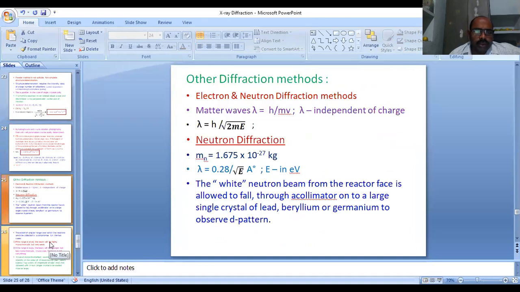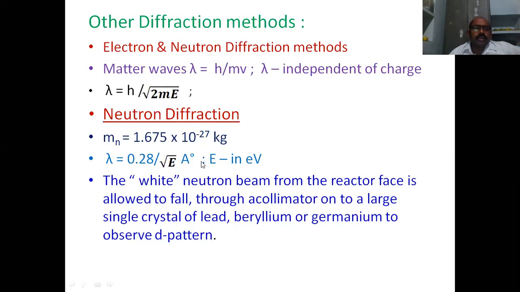Now we see the other diffraction techniques. In addition to the X-ray diffraction technique, the other diffraction techniques are electron diffraction and neutron diffraction methods. These are particles, and particles are associated with matter waves.